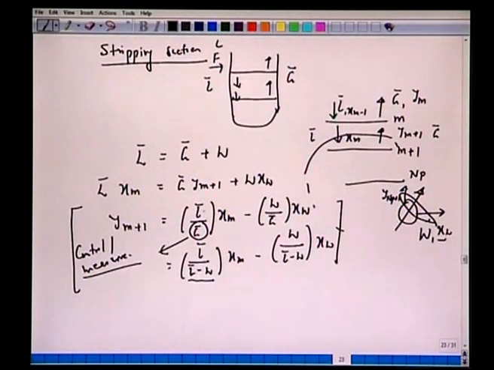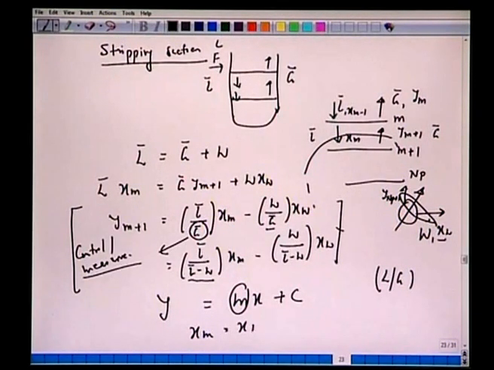Notice that this ratio is also constant here. The equation of this line is also y equals mx plus c. We have the slope as L bar by G bar. Compare this to the previous one, where we had the slope of L by G. And now we have the intercept, which is negative here: W over G bar, or W over L bar minus W. But again, notice if you put xm as xW, you should get ym plus 1 the same as this xW.